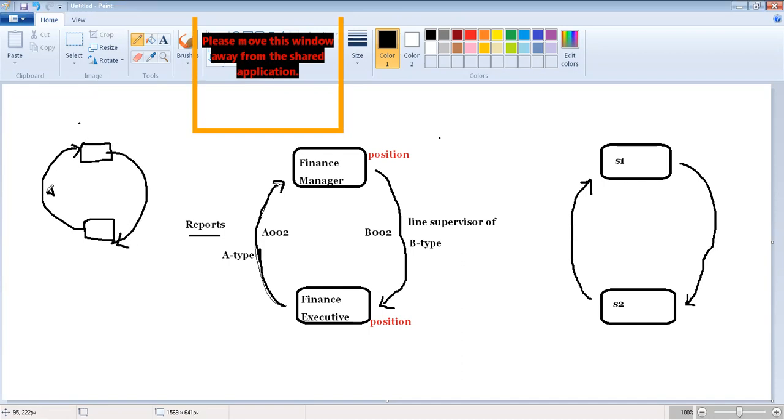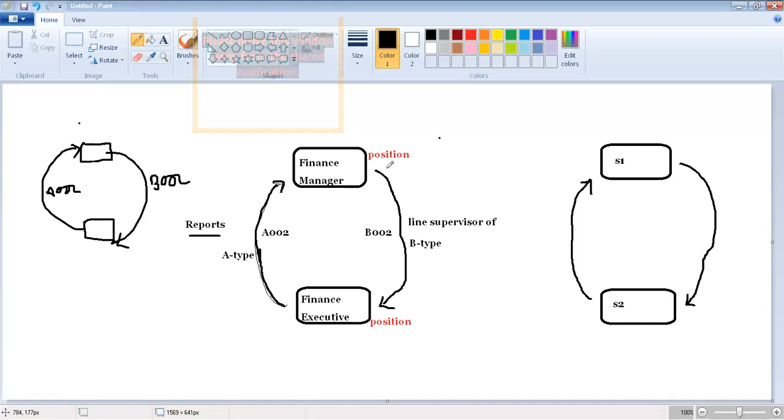So I maintain A002. Now this A002 or B002 is happening because of the objects. In this case, both are org units. That is why I'm maintaining A002.